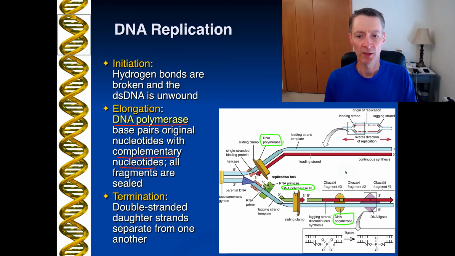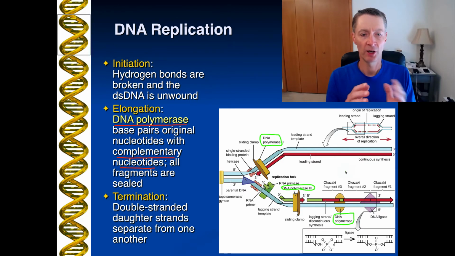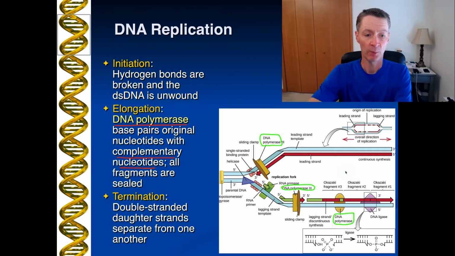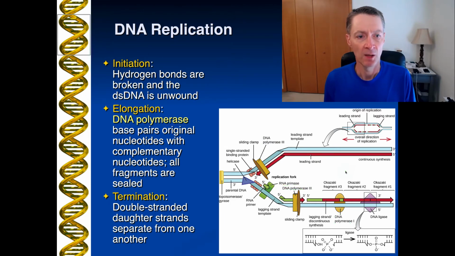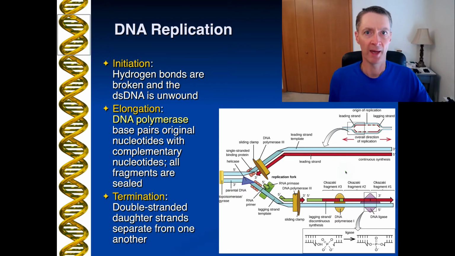Eventually, the termination of this would occur where the daughter strands have been formed and we have two separate double-stranded DNA again, right?